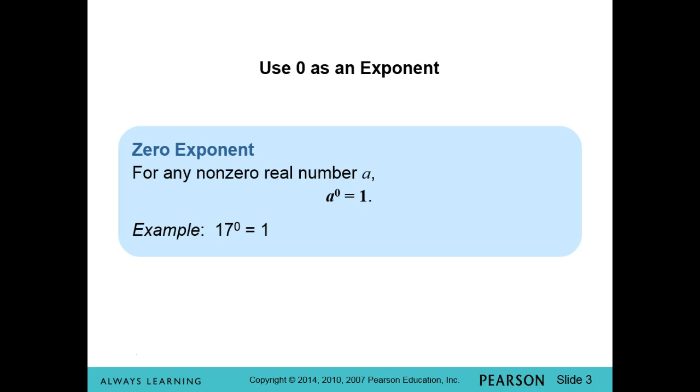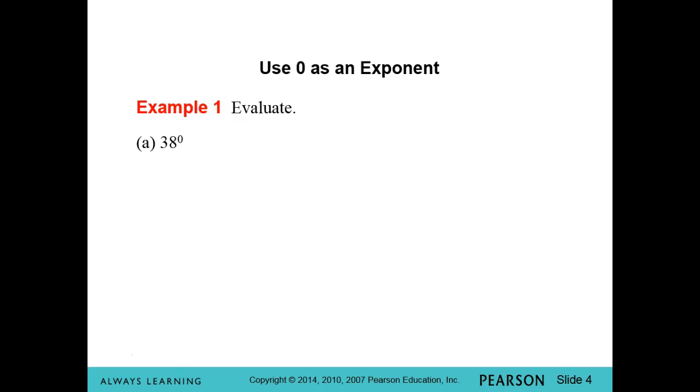Once we start throwing variables around, x to the 0th power is going to be 1. So even with a variable in there, it's going to be 1. Anything to the 0th power is 1, as long as we assume that thing is not 0. That is the only thing that we have to watch for. So here's example 1.